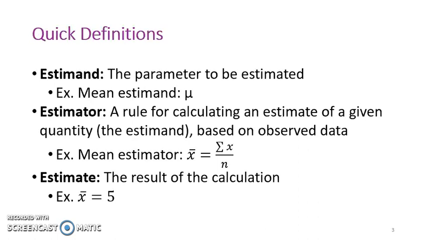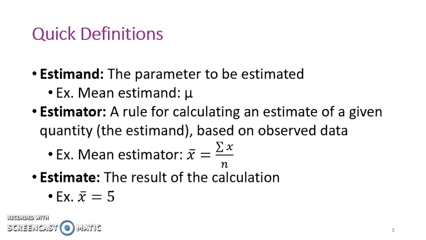To start this lecture, I want to clarify a few definitions to avoid confusion. So we want to talk about the distinction between estimands, estimators, and estimates. An estimand is a population parameter we are interested in making an inference about. For example, the mean estimand is mu, the population mean.